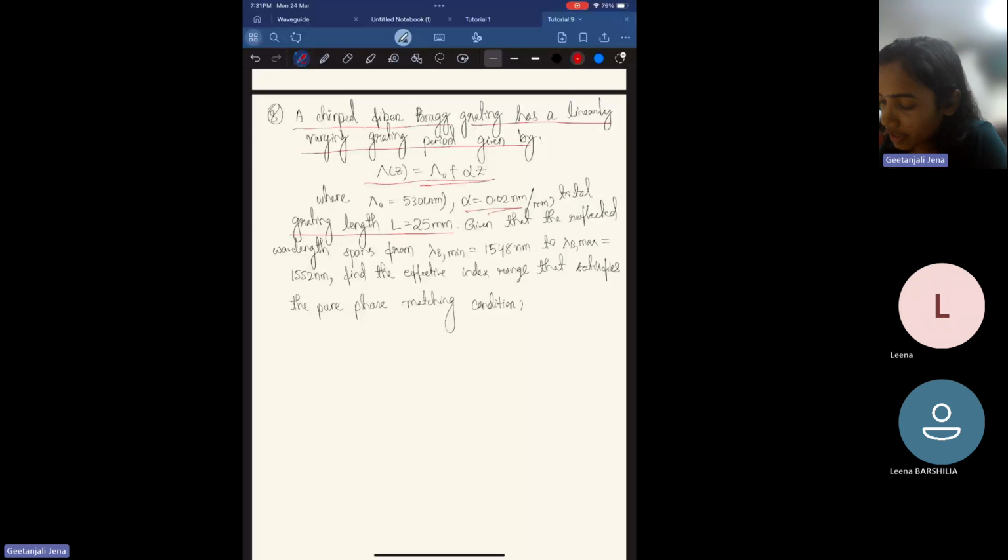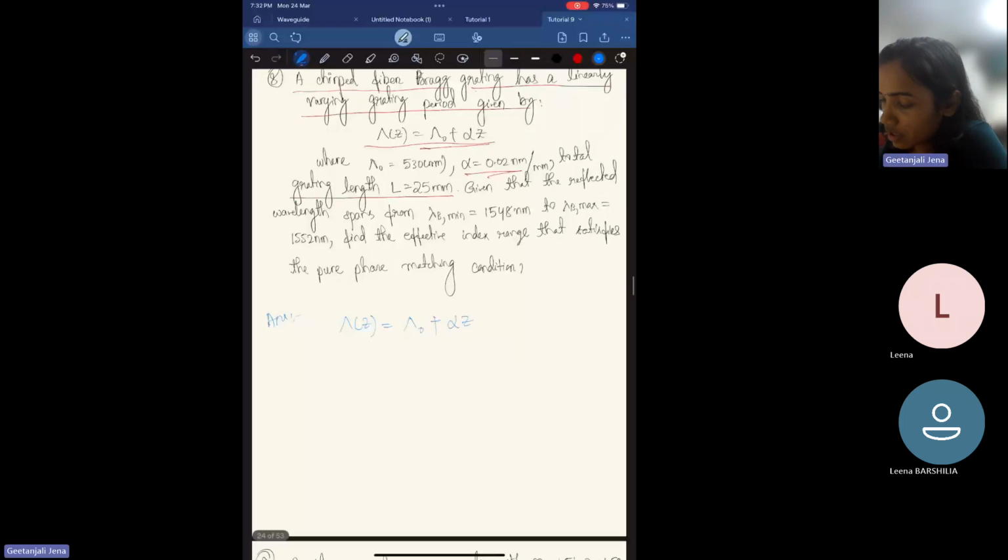The grating period is varying along the propagation direction as lambda 0 plus alpha z, where lambda 0 is given 530 nanometer, alpha is given 0.02 nanometer per millimeter, and L is given 25 mm.